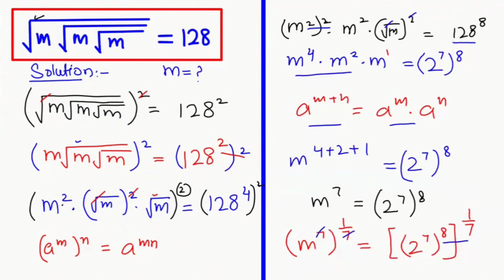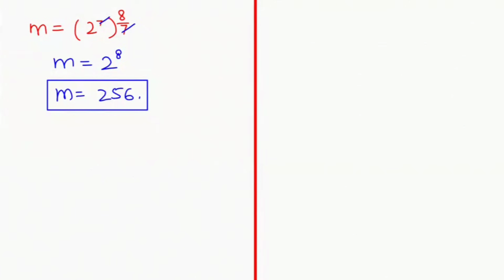So the next expression we get is m is equal to 2 to the power of 7, whole to the power of 8 over 7. Here this and this get cancelled, so m is equal to 2 to the power of 8. And 2 to the power of 8 is equal to 256. So this is our final answer.